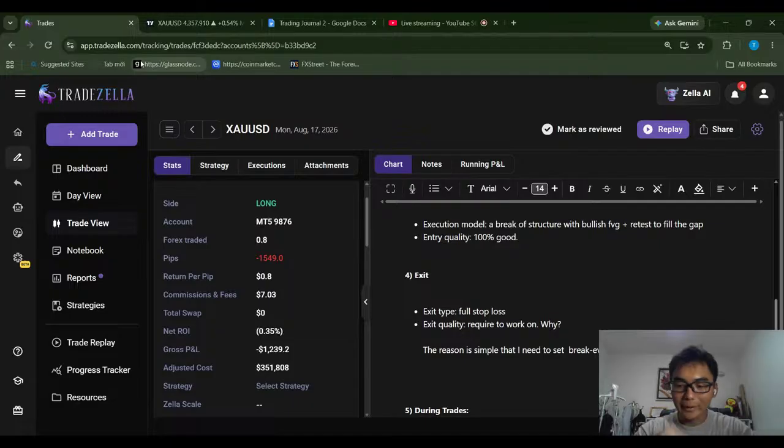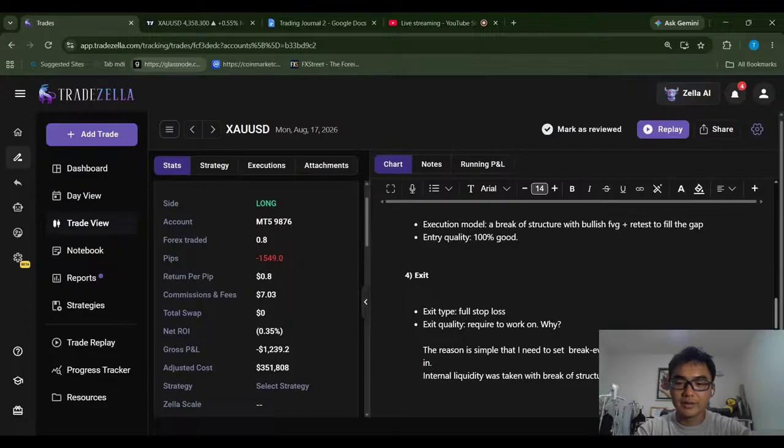When the momentum kicks in, the internal liquidity was taken. So there are many reasons: it was taken with a breakup structure, aligned with the FVG, a new FVG.